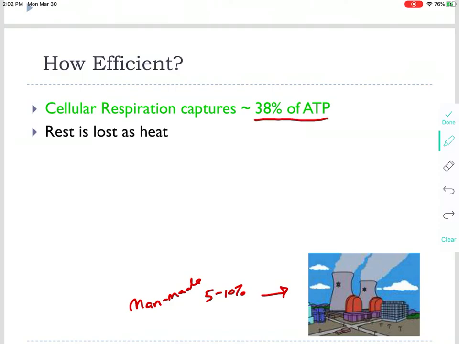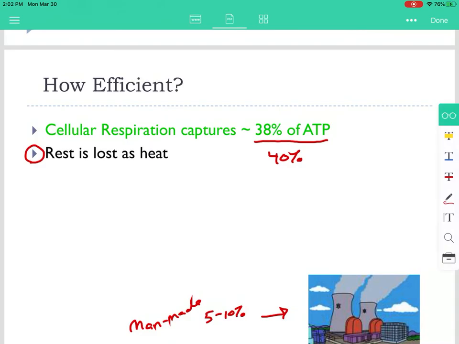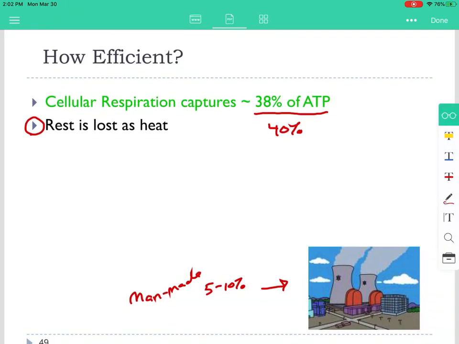So man-made machines are less efficient than us. We are more efficient than man-made machines, even if we rounded this up to 40%. Our body processes are more efficient than a man-made machine, but we still lose a lot of energy as heat.